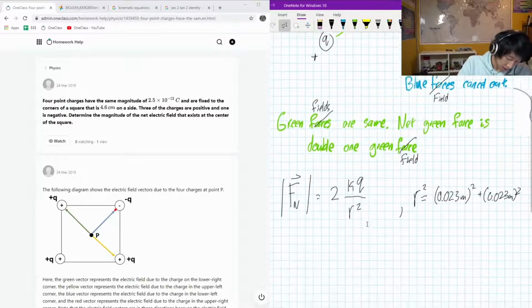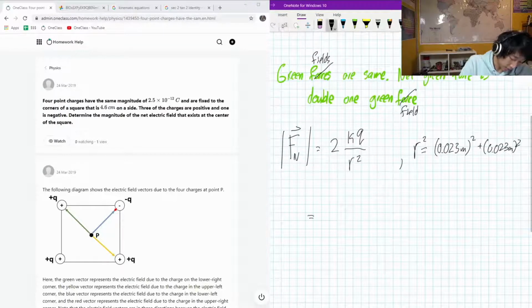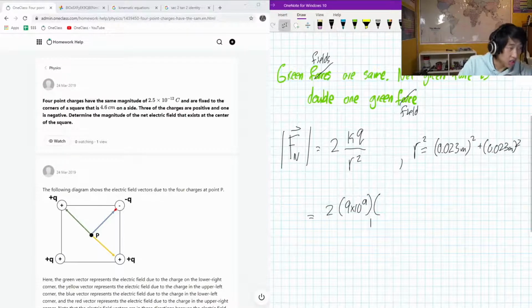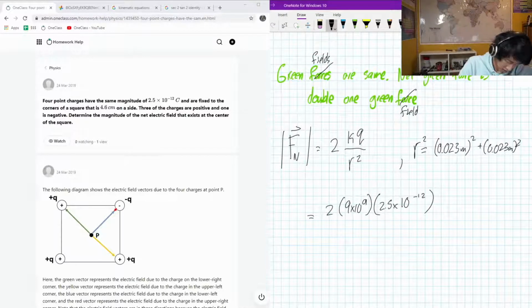Okay, so we can just sub in our numbers and find our net force here. So 2, K is Coulomb's constant, 9 times 10 to the 9. Our charge is given as 2.5 times 10 to the negative 12. And r squared down here is just going to be 2 times 0.023 squared.